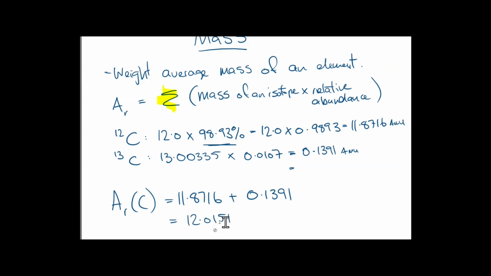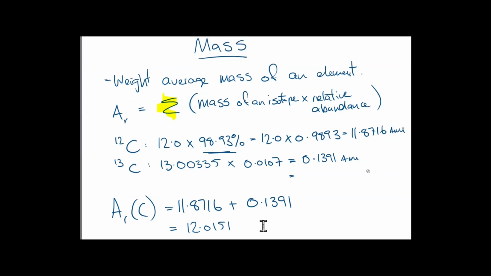So what does that mean? That means if we had a mole of carbon, we would expect it to be 12.0151 atomic mass units on average. Some of it is going to be carbon 12, some of it's going to be carbon 13. A tiny amount will be carbon 14, I guess, but very rarely.